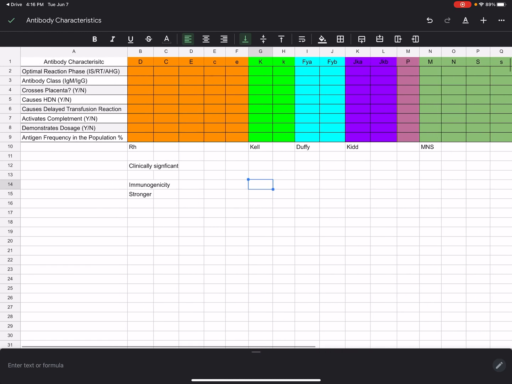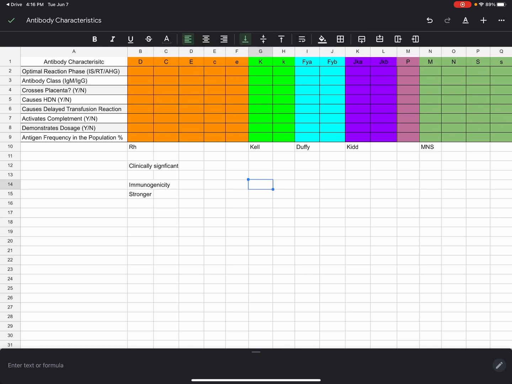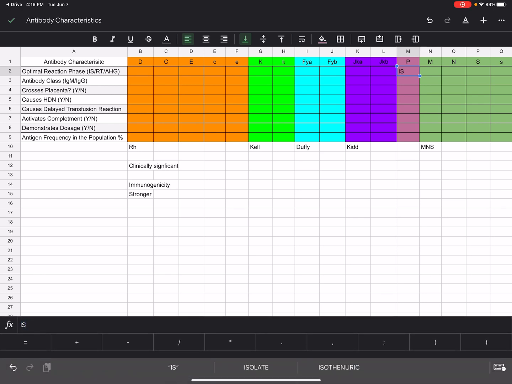So here we go. The optimal reaction phase for these typically is going to be 37 degrees or around that area, unless it's something special. So I'm just going to do the something specials. P is immediate spin. It's cold. It likes colder things. Now remember, immediate spin does not mean that cold has to be 4 degrees.